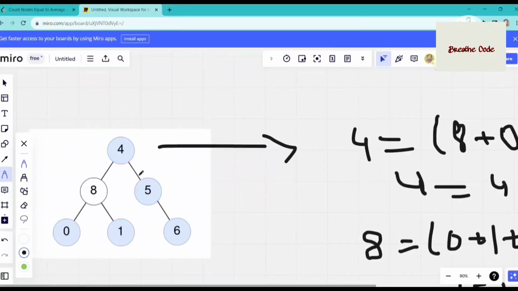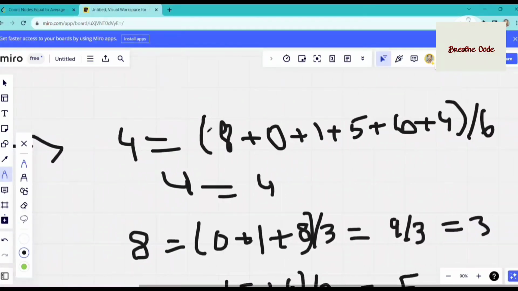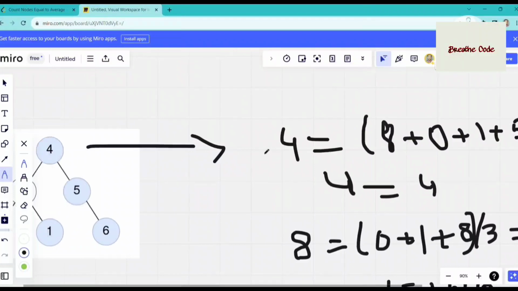The total number of nodes is 1, 2, 3, 4, 5, 6, so 6. The average will be this value divided by 6, so 24 divided by 6 is 4.